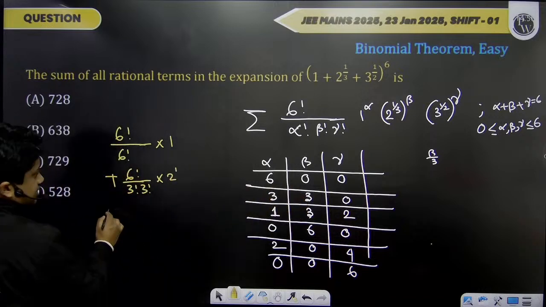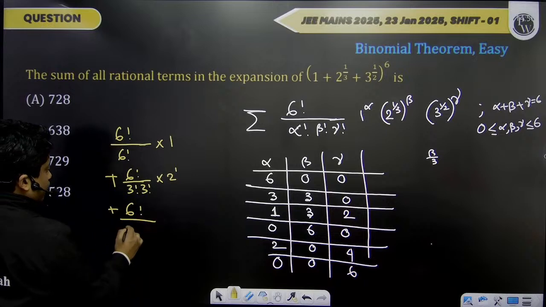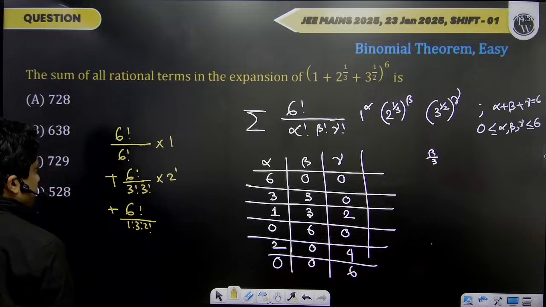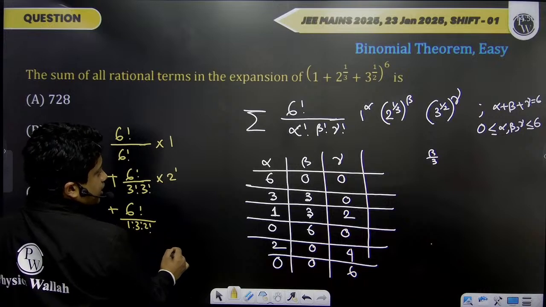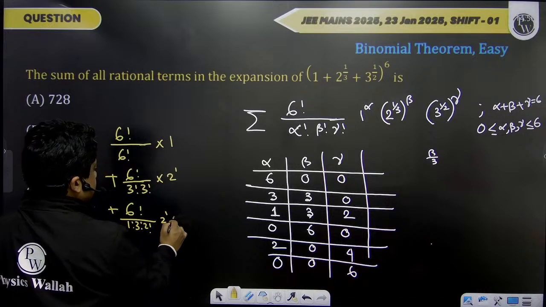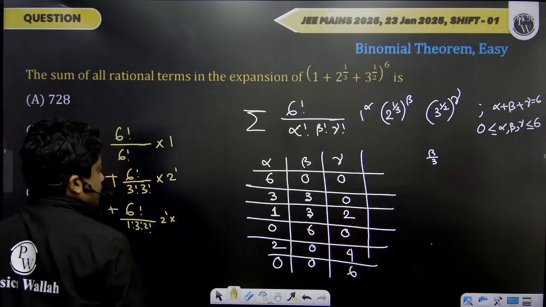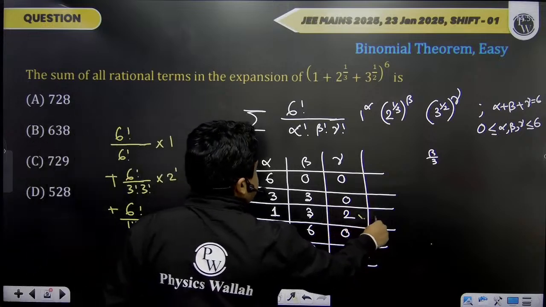And next is 6 factorial upon 1 factorial, 3 factorial, 2 factorial. This will be into 1 power 1, which is 1, 2 power 1, and 3 power also 1.